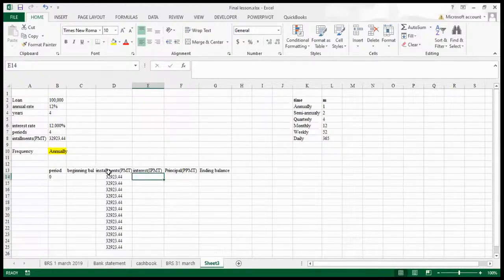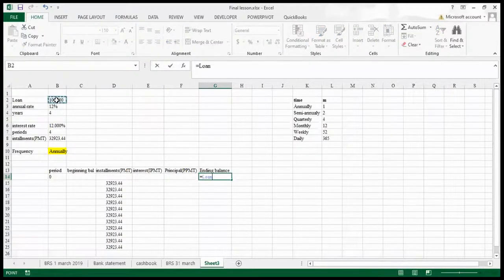So that's what you are going to do to the installments, but let's come back to this. In period 0, installment is 0. You don't expect to have any installment there. But in period 0, the ending balance is the loan amount. So in period 0, you still have the loan equal to loan amount.